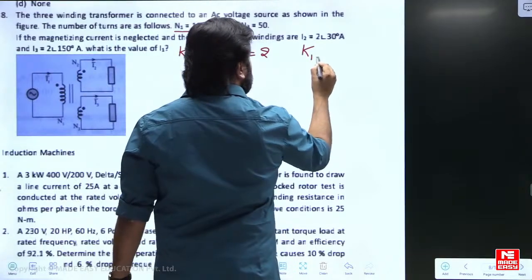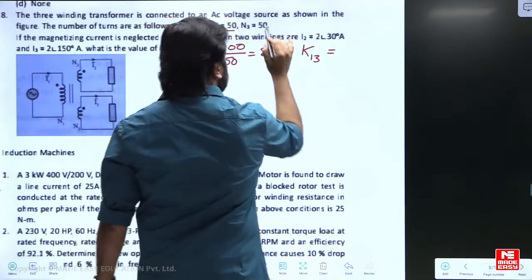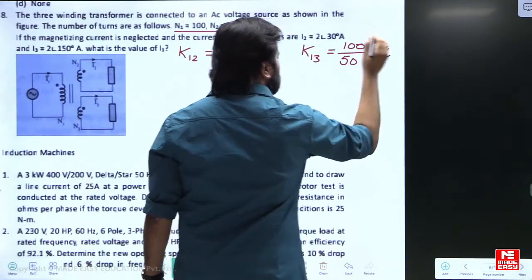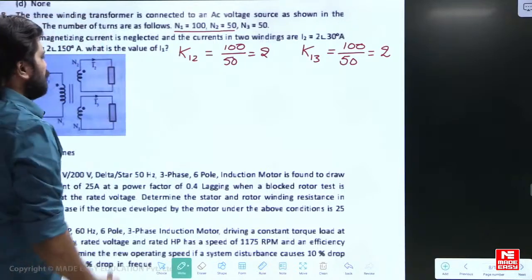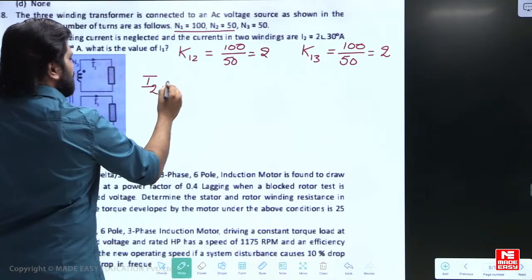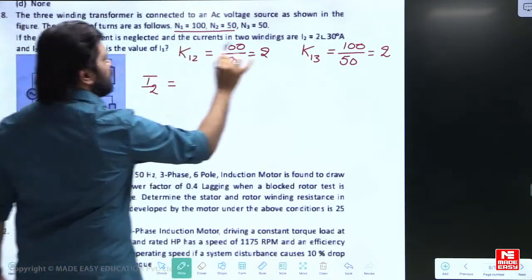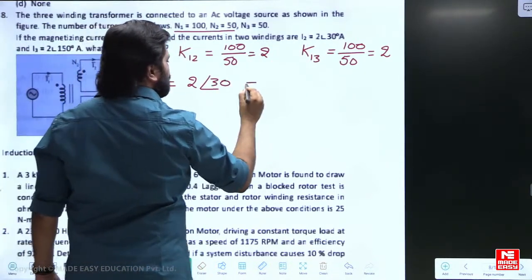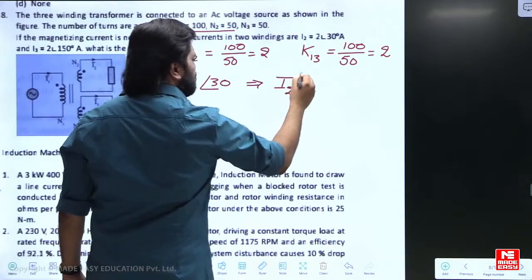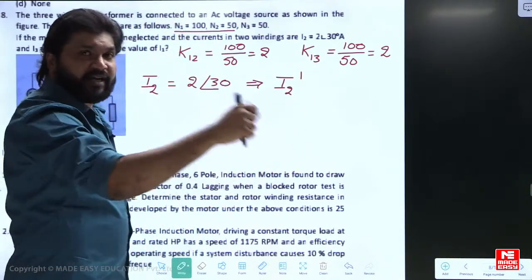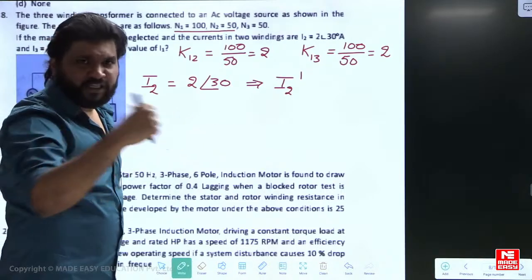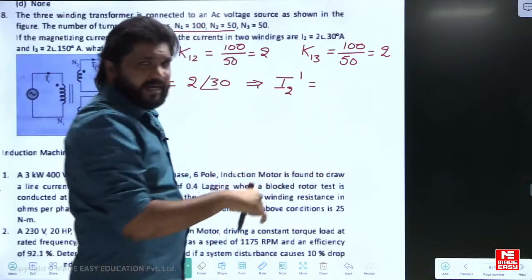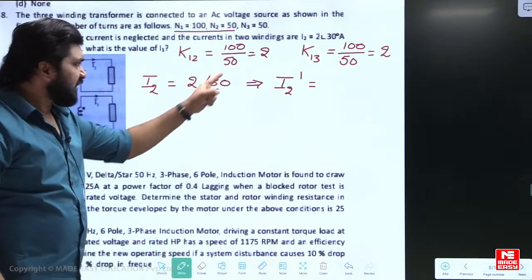Similarly, K13, 100 by 50, that is equal to 2. So I2 is given as 2 at an angle 30. So I2 dash, the secondary component in the primary, is I2 by K. What is K? 2.